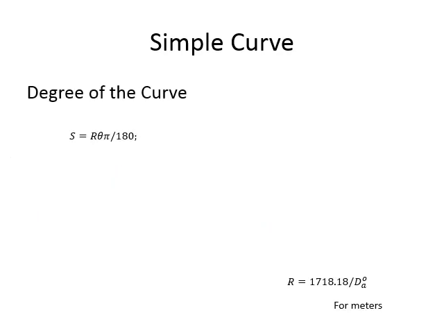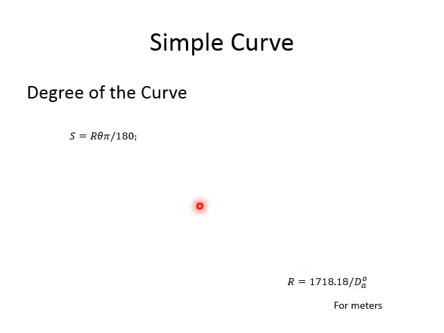To calculate the parameters of the curve, we have one important parameter which we call the degree of the curve. Degree of the curve is the angle made by a curve of 100 feet length. So if the length of the curve is 100 feet, then the angle made by that curve is called the degree of the curve, and it is represented with dA.